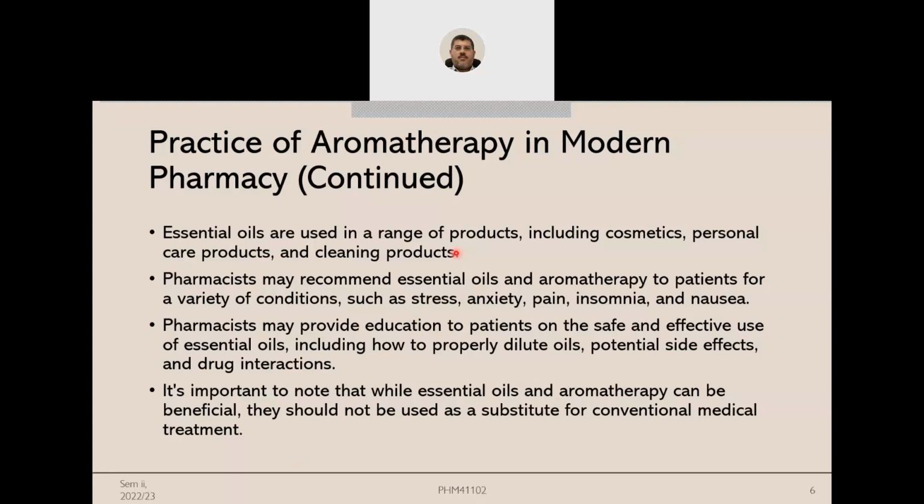so for their therapeutic properties, they are also included in cosmetics. In many products, in cosmetics, because they improve the skin health. They are included also in personal care products like skin wash or others, and cleaning products, even for their smell, just for their aroma.